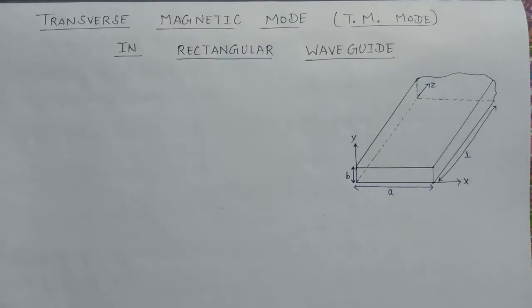Now for the TM mode, or the transverse magnetic mode, to propagate in the rectangular waveguide, we have to assume that the Hz component is equal to 0 only.